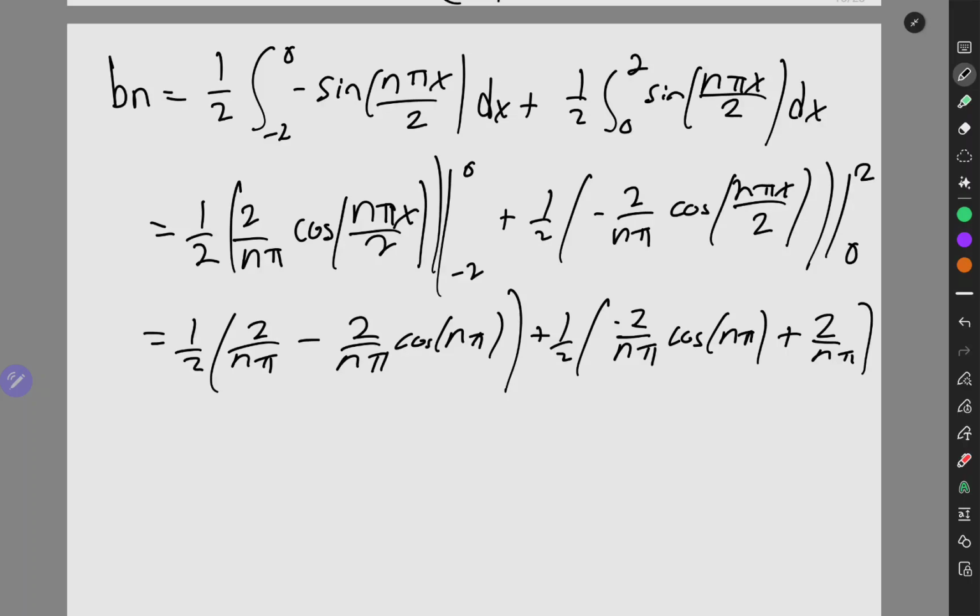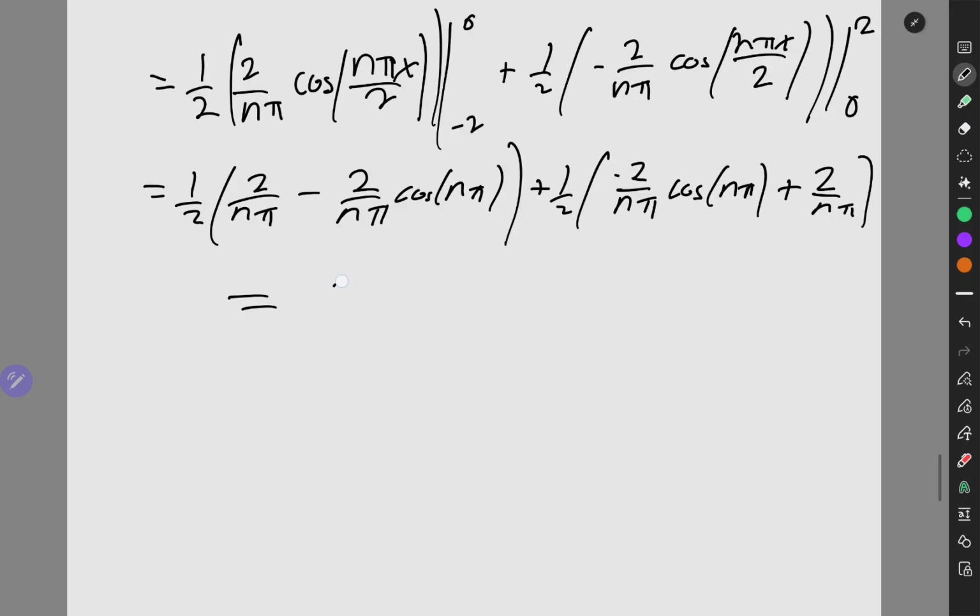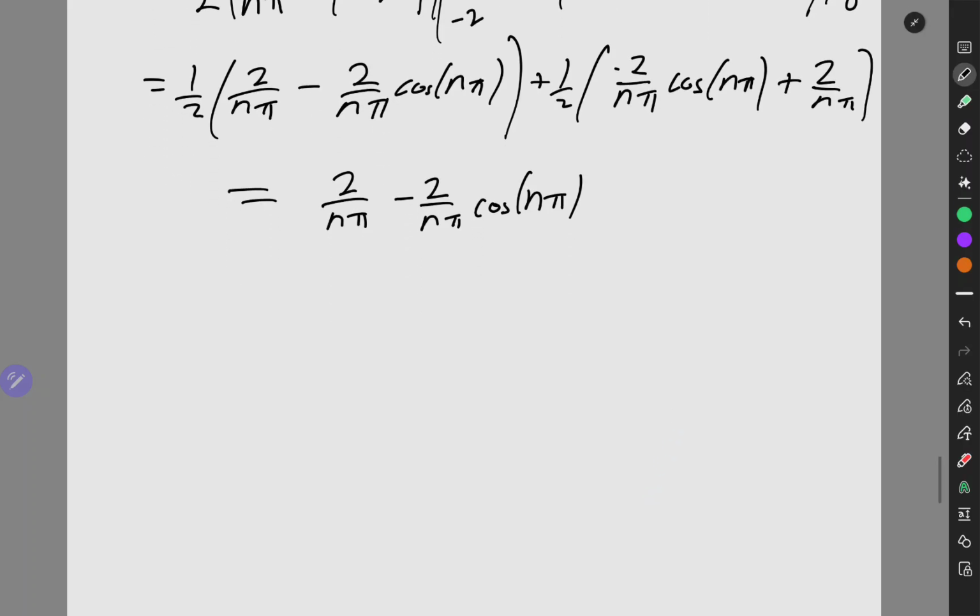So you can see we have the same thing, but opposite signs. Well, actually no, there's 2 of each, right? So we combine these together, and then this becomes negative 1 to the n.